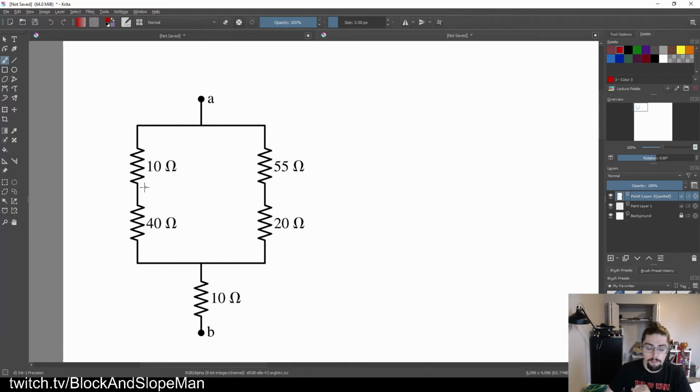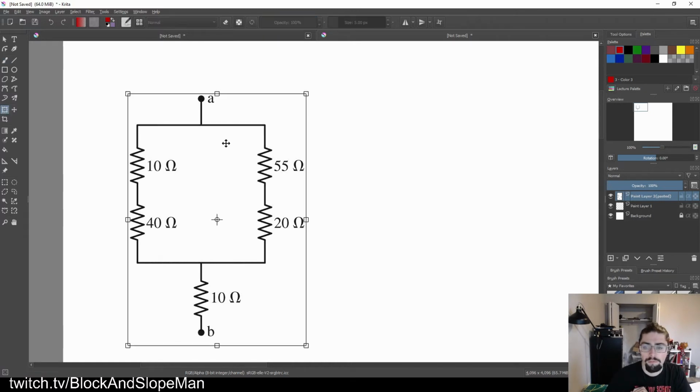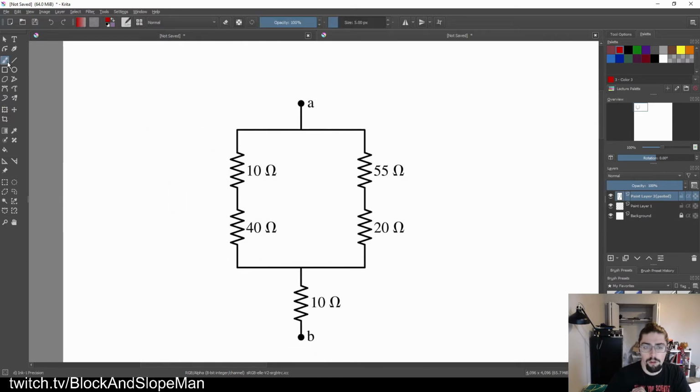So along the red path, let me move this thing over just a little bit. Got a little bit more room to write on this side. Along the red path, this one right here, I'm going to say the resistance, because it's in series, is 10 ohms plus 40 ohms. Nice and easy, doesn't require any sort of fractions or anything else, for a total of 50 ohms.